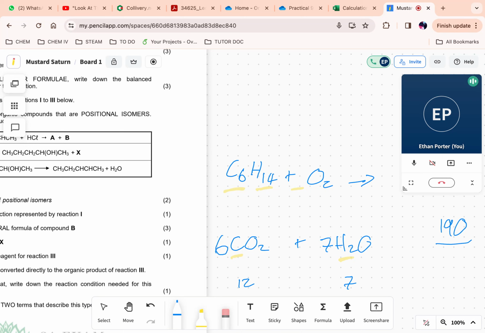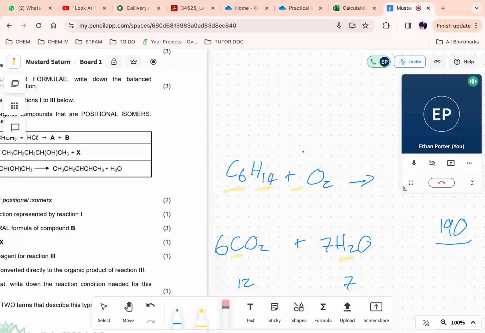So now 19 is a bit of a weird number. It's not an even number divisible by 2. So instead of writing 9.5 here, which you can technically put there, we'll just work with whole numbers. It's a lot easier.